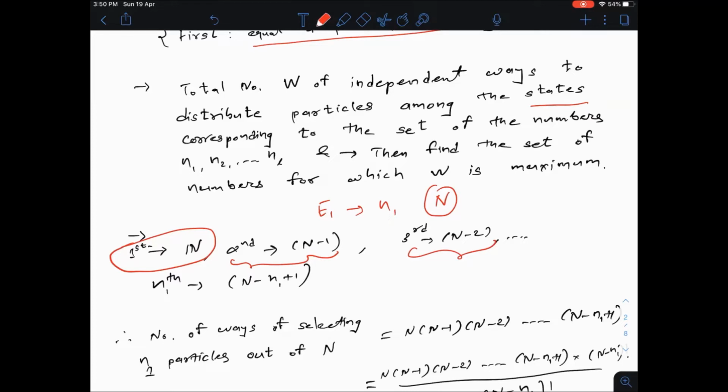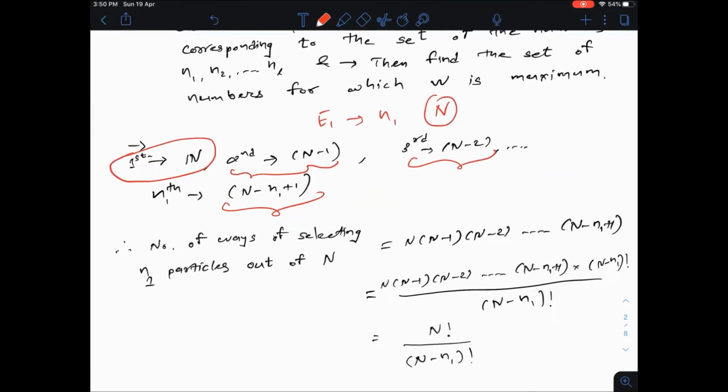When we move to the N1th particle, we have N minus N1 plus 1 ways available. So the number of ways of selecting N1 particles out of N is N into N minus 1 into N minus 2 into N minus 3 and so on, up to N minus N1 plus 1. So this is the equation that we get.